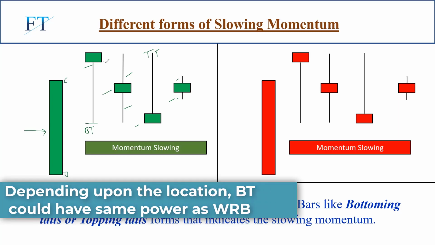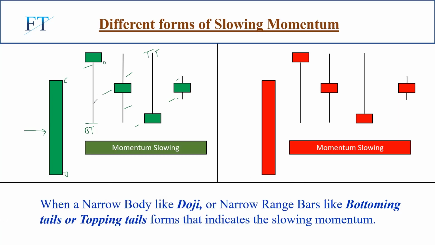So this bar opened here, and then it moved down to its low, forming a red bar. But then buyers took control. They came with their full power, and brought the prices back to a higher level, and eventually this bar formed as a green bar, because now it has a closing which is above its opening price. So although it's a slowing momentum bar, it tells us that the buyers took control.